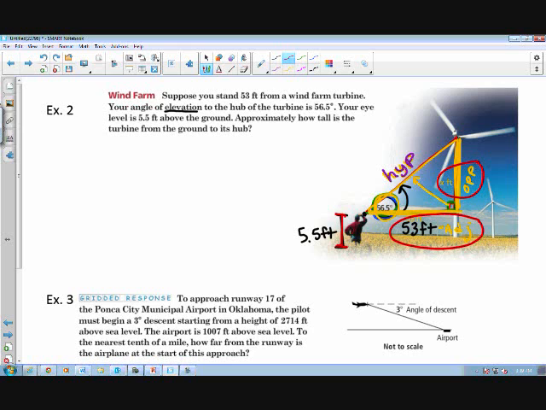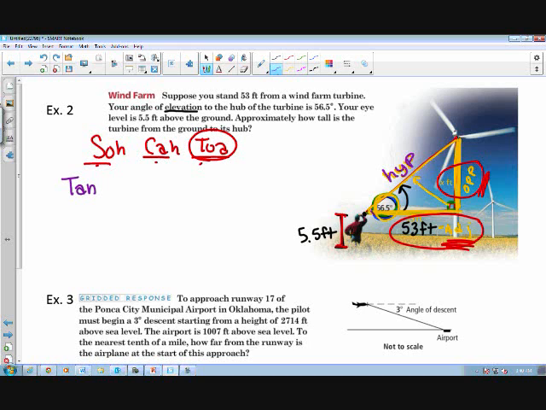So think about SOHCAHTOA. Should we use sine, cosine, or tangent to solve? Well, we know opposite, and we know adjacent, O and A. So look at SOHCAHTOA. Looks like TOA has the O and the A. So we use tangent. Let's fill it in. Tangent of the angle.